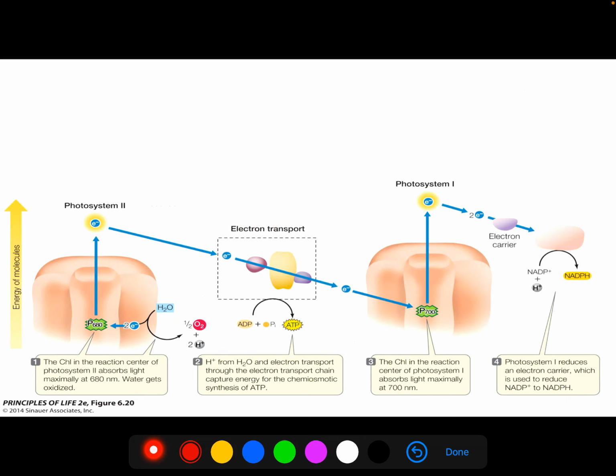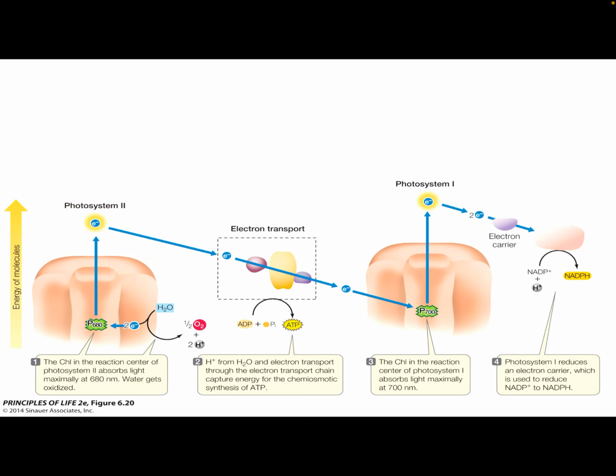So here you can see this is the non-cyclic pathway. Two different photosystems. Photosystem 2. Yes, 2 comes before 1. They found 1 first. It's okay. P680, so it absorbs light maximally at 680 nanometers. Photosystem 1 absorbs light roughly at 700 nanometers. So you absorb light, you have this energized electron, we transfer that down, it's going down because it's losing potential energy.